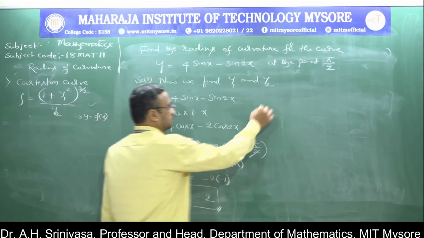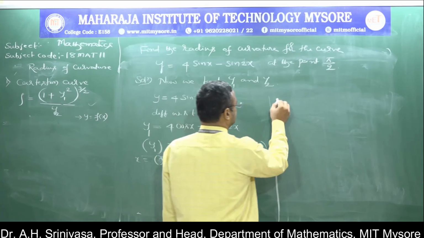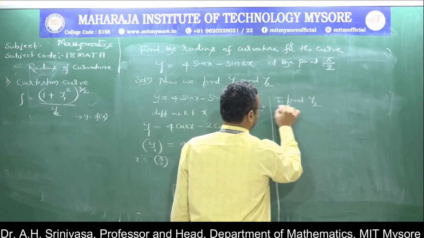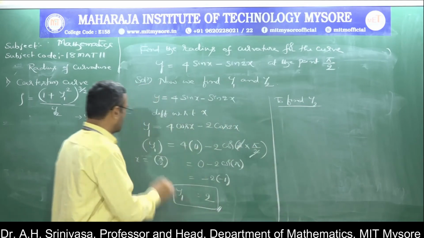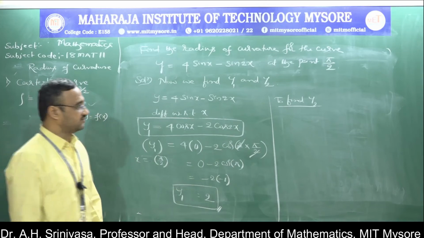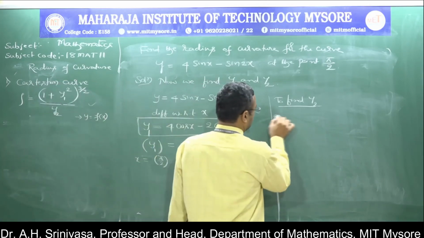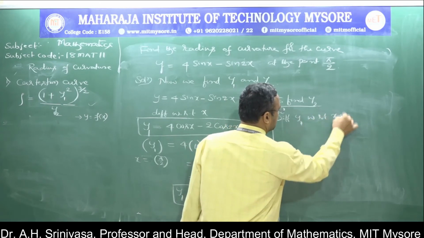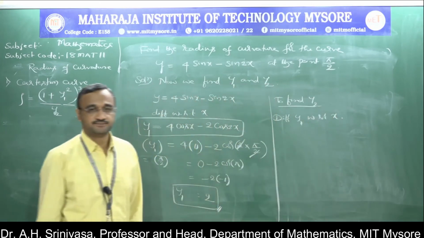So now find out y2. To find y2, what we obtained here is y1. Differentiate again. Differentiate y1 with respect to x again.